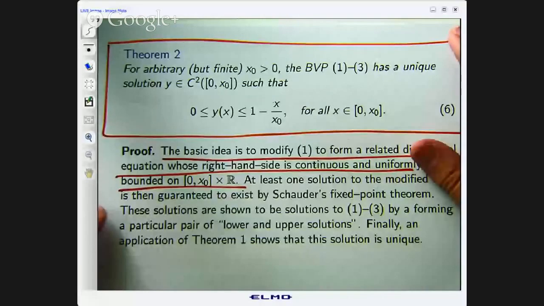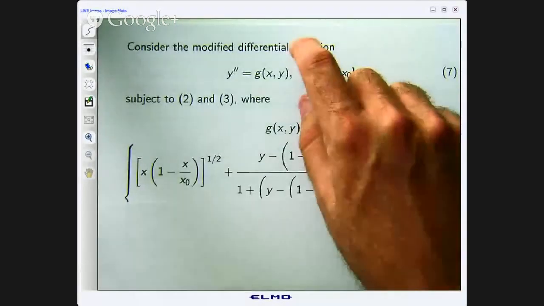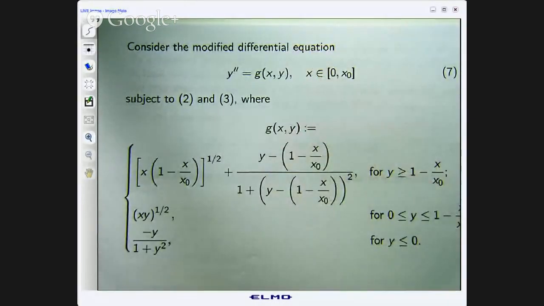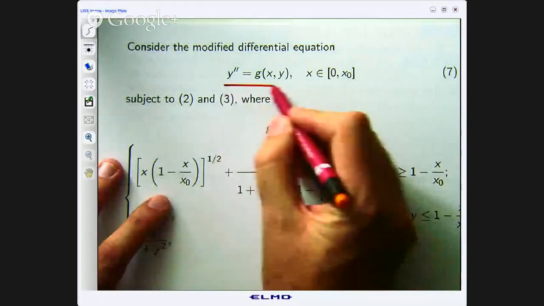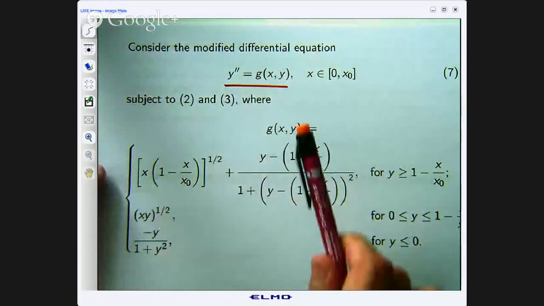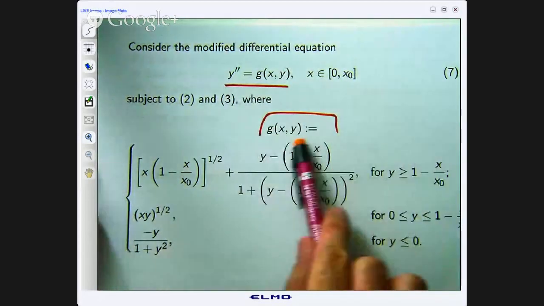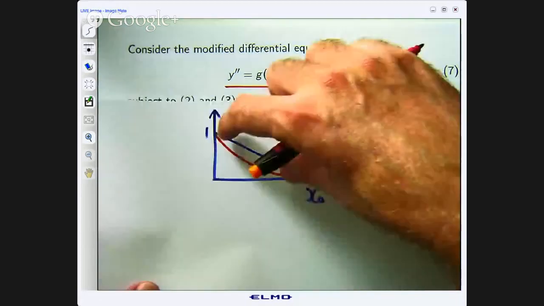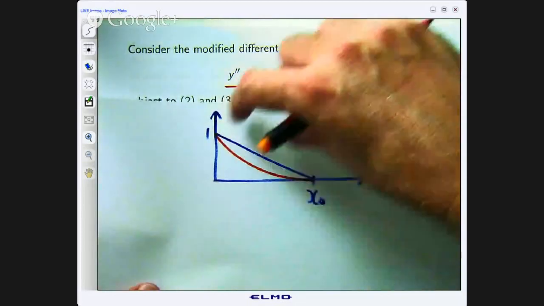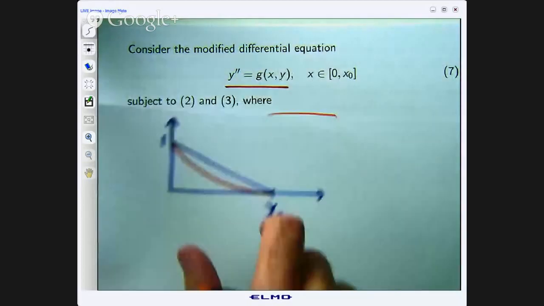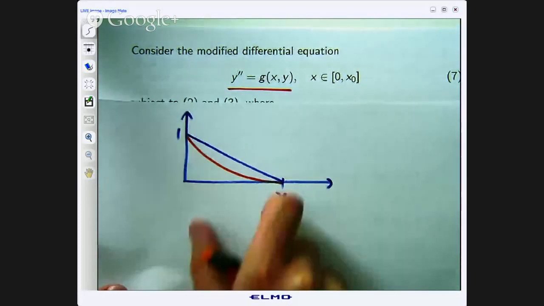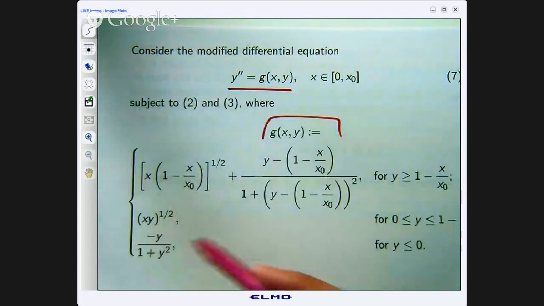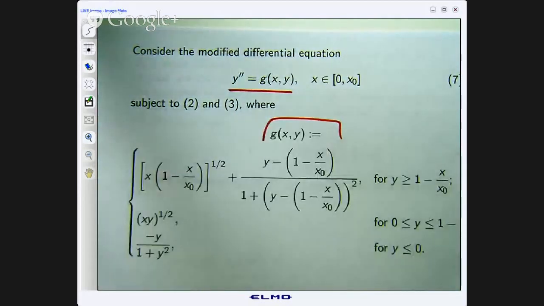All right, so here is the modified differential equation that I'm talking about, and it is a real monster. It's a beast. We've got this new right-hand side, G, which is defined in the following way. It's defined one way for everything outside here, another way for everything down here, and it's just the regular problem for everything inside this triangle.